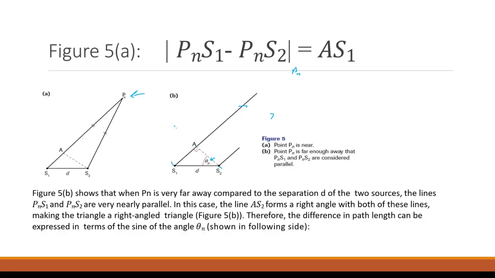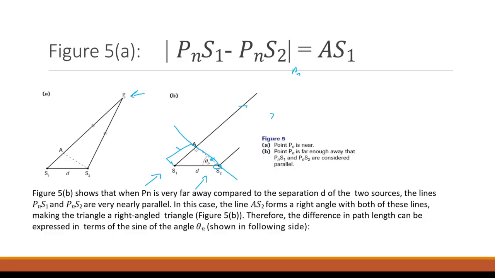Then this distance here, at point A, is how much longer the S1 line is than the PnS2 line. If you turn your head, you can see that they're parallel, and when one stops at S2, the S1 line keeps going until S1. You can see that it's that much longer, and that's what we're looking for: the difference in the two paths.